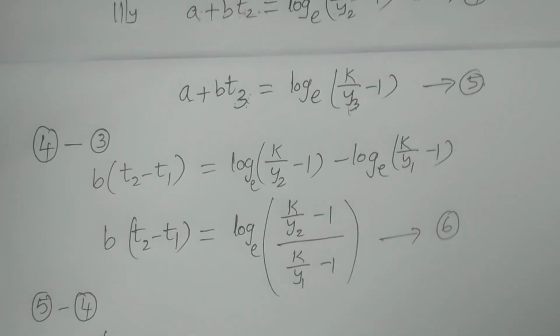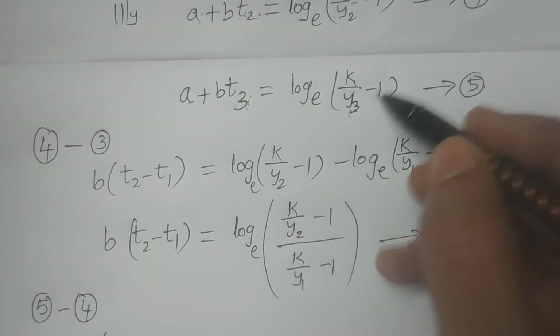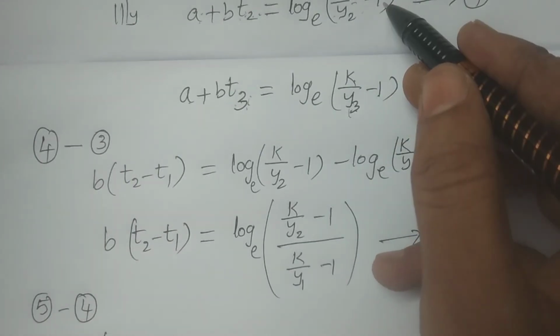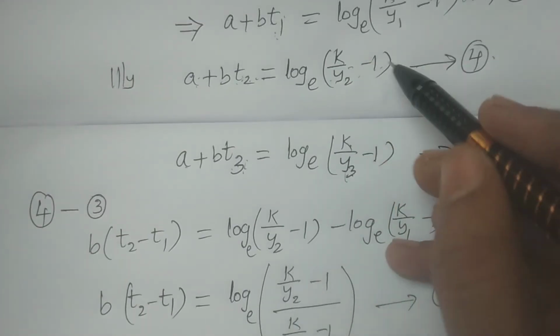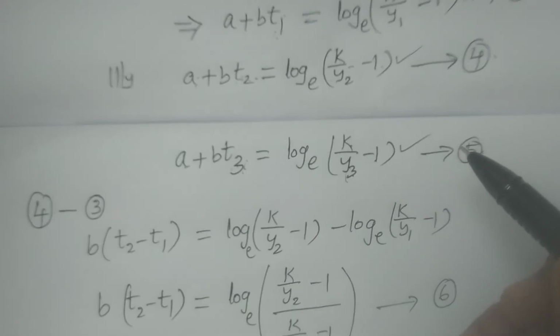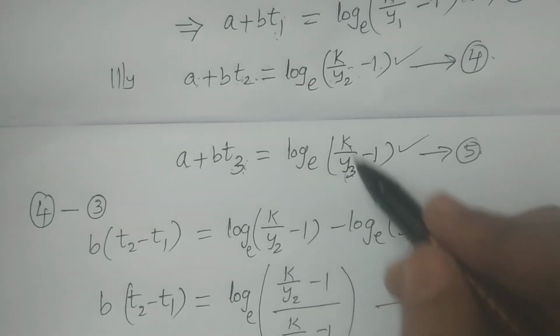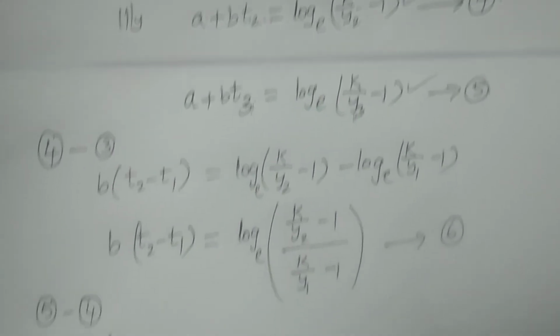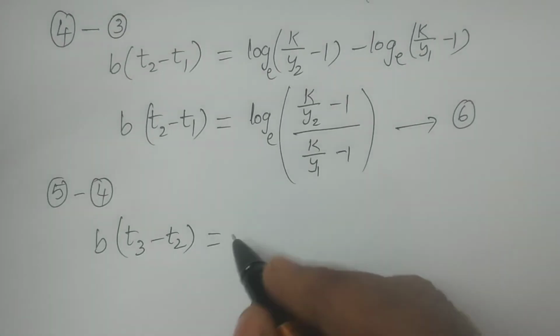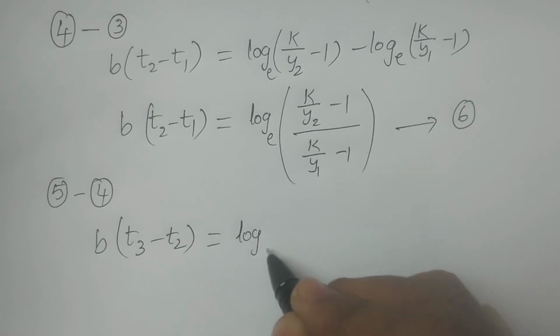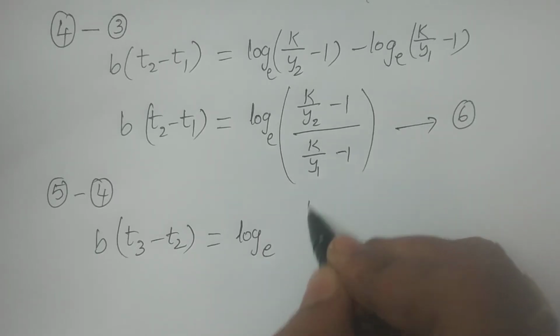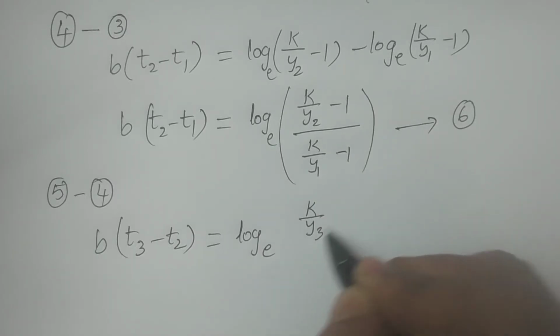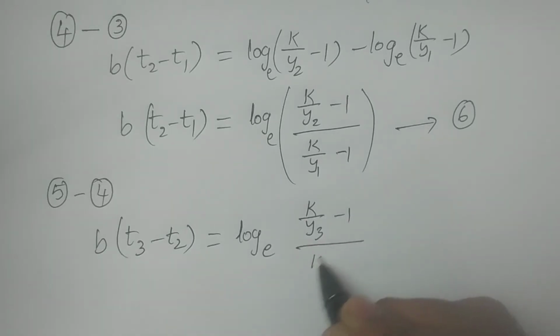We can also write, in similar fashion, log k by y3 minus 1 minus log k by y2 minus 1. So we can write log a minus log b. Therefore, we get log to the base e of k by y3 minus 1 divided by k by y2 minus 1.